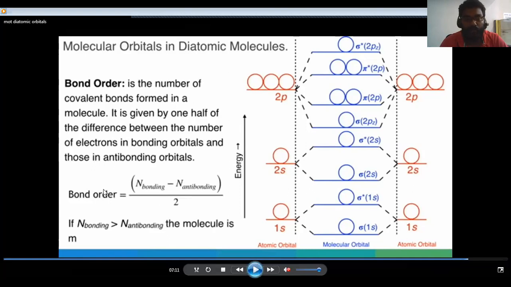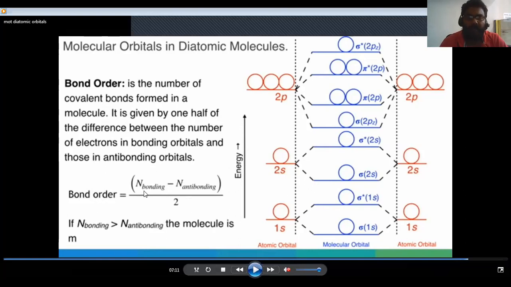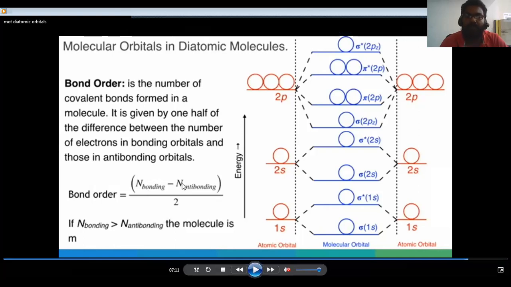Bond order means the number of covalent bonds formed in the molecule. It is given by the difference between the number of electrons in bonding orbitals and those in anti-bonding orbitals, divided by 2. The bond order is the number of electrons in bonding orbitals minus the number of electrons in anti-bonding orbitals, by 2.